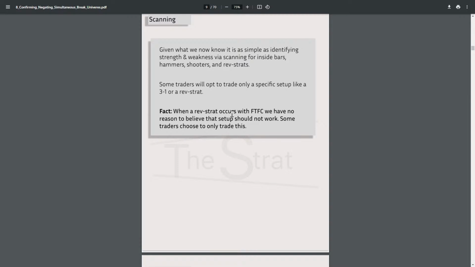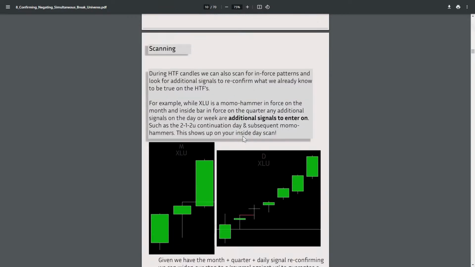In fact, when a rev strat occurs with full time frame continuity, we have no reason to believe that that setup should not work. So we expect those to work because we're going back into full time frame continuity. And some traders choose to only trade this setup, and that's, again, fine.